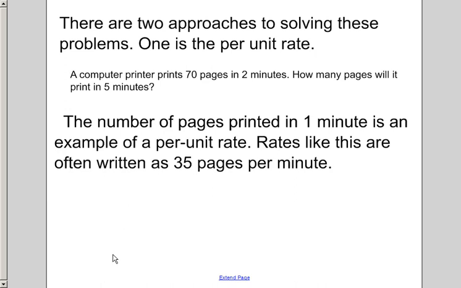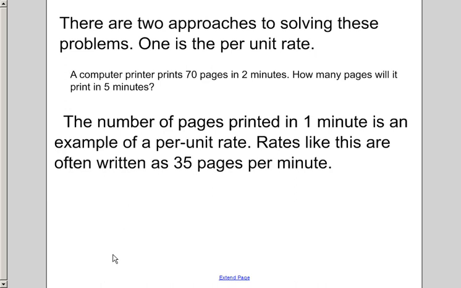One is called the per unit rate. So let's go back to that first problem. A computer printer prints 70 pages in 2 minutes. How many pages will it print in 5 minutes? So the number of pages that you can print in 1 minute is an example of per unit rate.